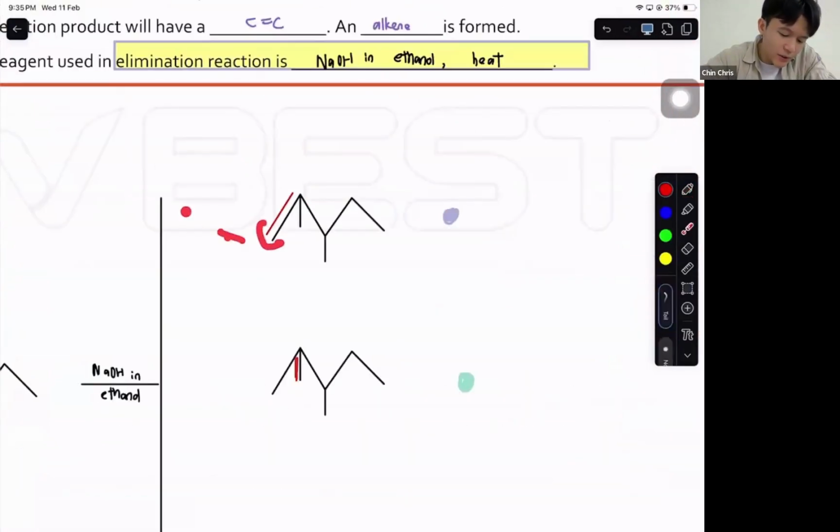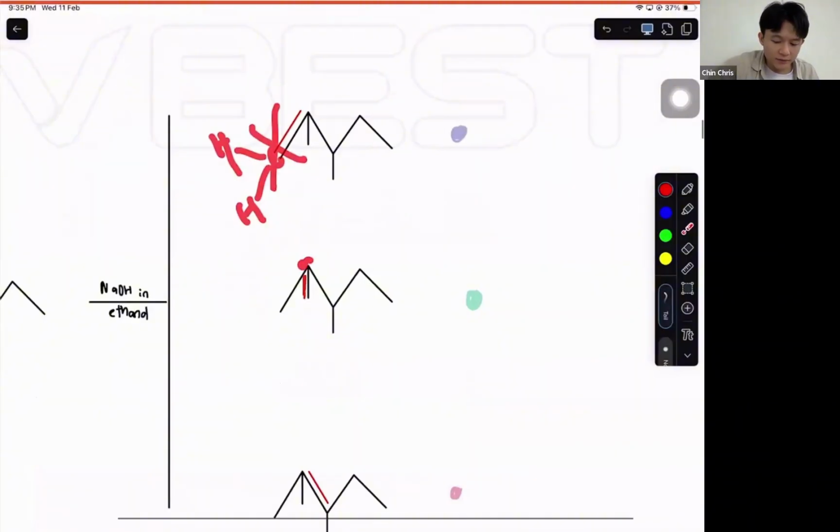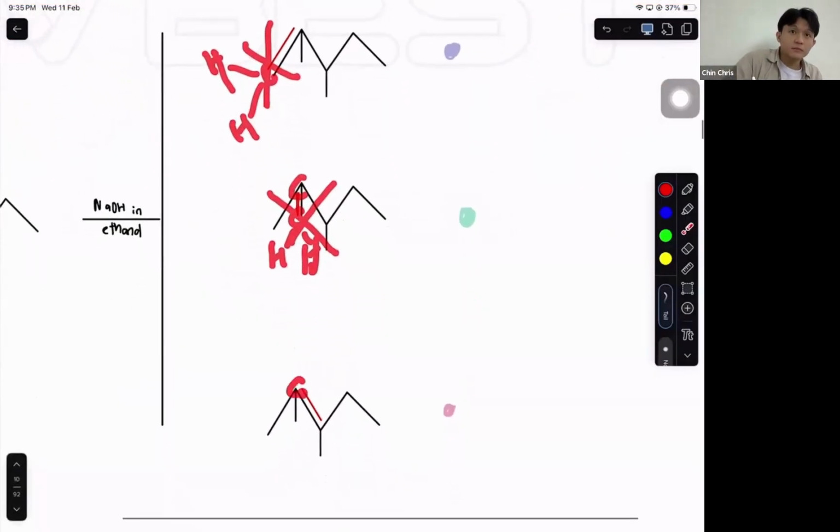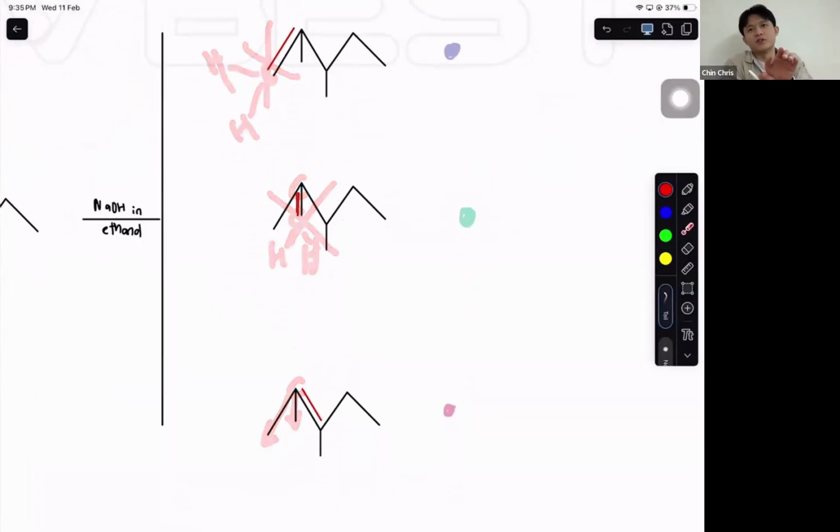First, this carbon is bonded to hydrogen, hydrogen, so no. Second one, also hydrogen, hydrogen, cannot. This one, why cannot? CH3, CH3, also the same. So no cis trans, 3 isomers in total.